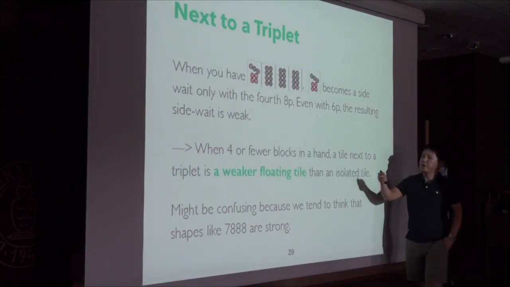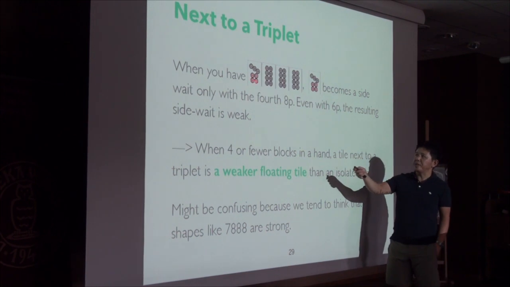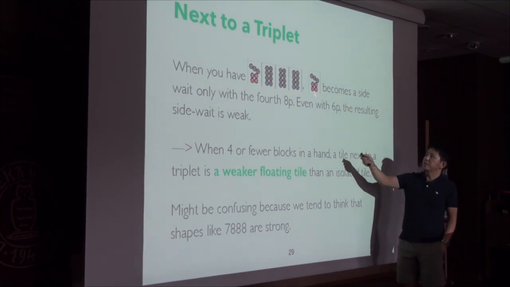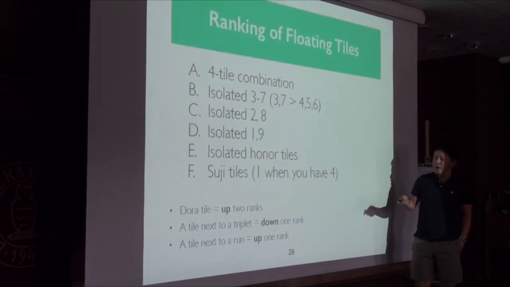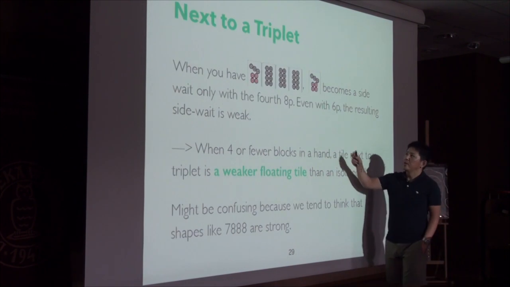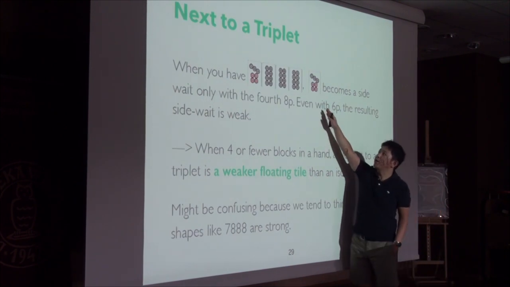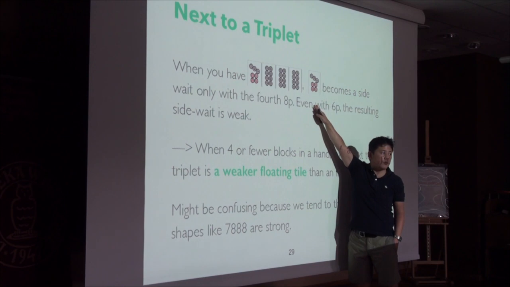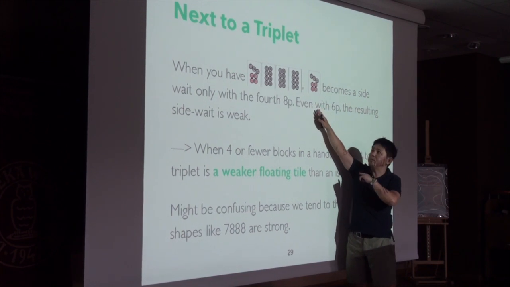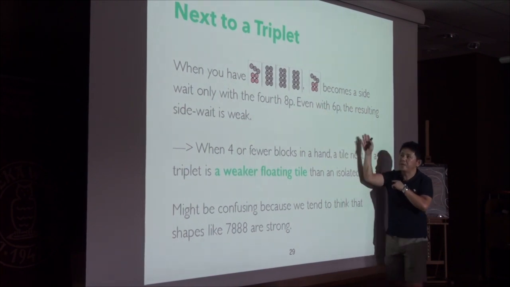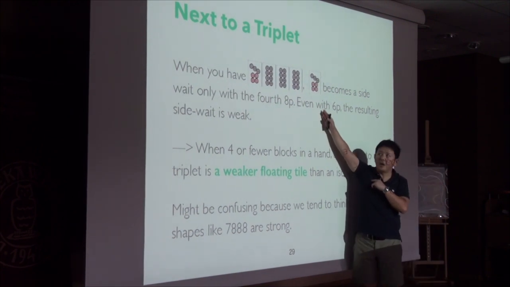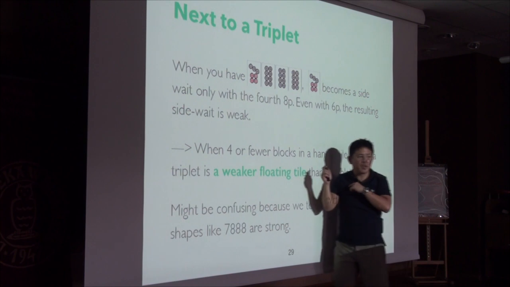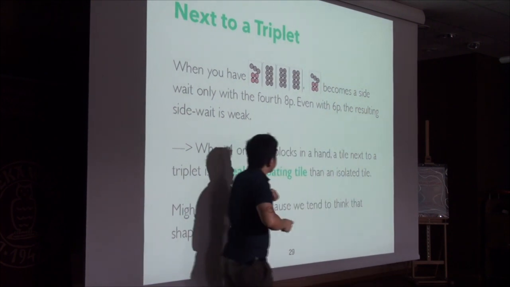For example, when you have a tile combination like 7, 8, 8, 8, this 7 should be 1 rank down. If you compare this 7 with an isolated 7, for example a 7 in bamboo where you don't have any bamboo tiles, then this should be less useful than an isolated 7.